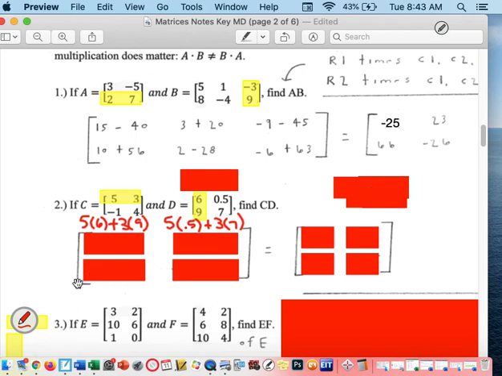The results of my bottom row would be negative 1 times 6 plus 4 times 9. And then I push this across, this entry down here, negative 1 times half plus 4 times 7.